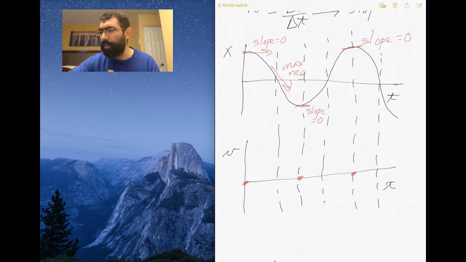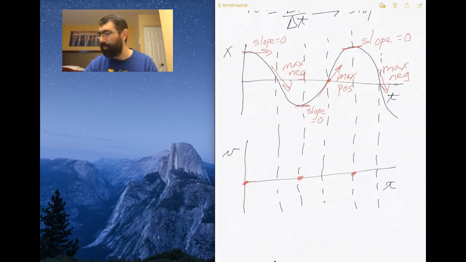And at this equilibrium point, x is again 0, but at this point the slope is maximum positive. And at this point, the slope is max negative again.